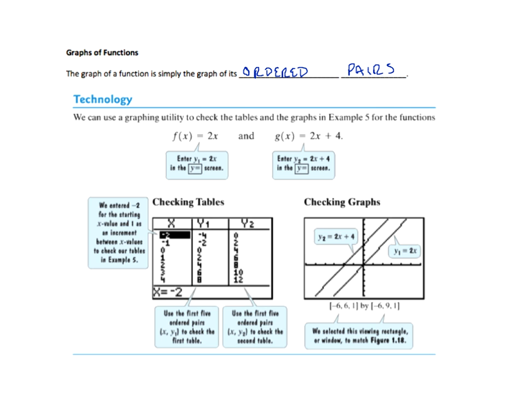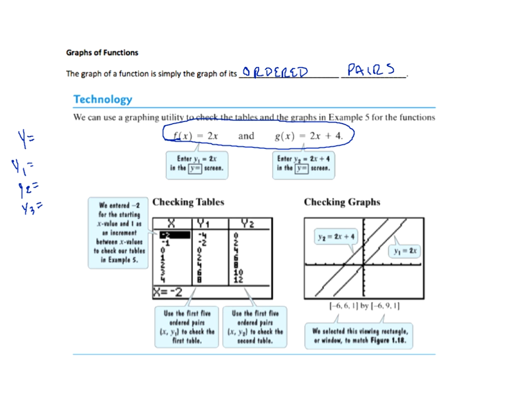Now, if you put both of these functions into your calculator at the same time, and in the first lecture I showed you how to do that, you go to the y equals button at the top left of your calculator, and you'll see a screen that says y1 equals, y2 equals, y3 equals.